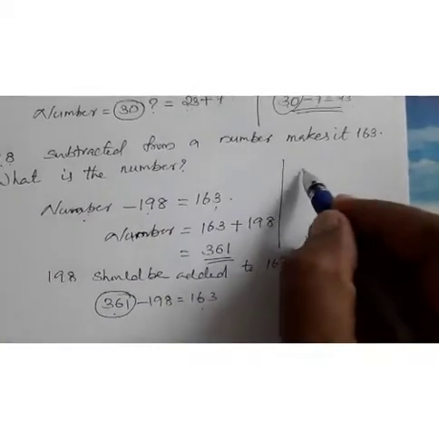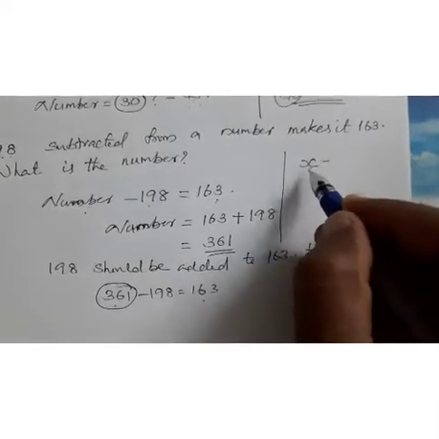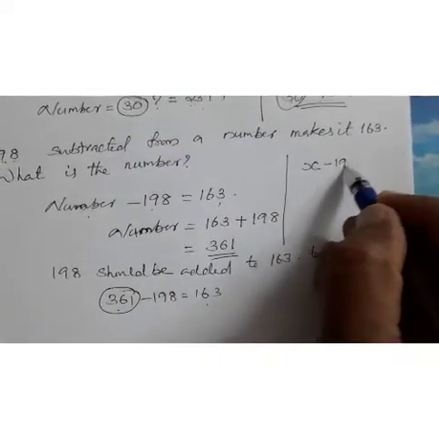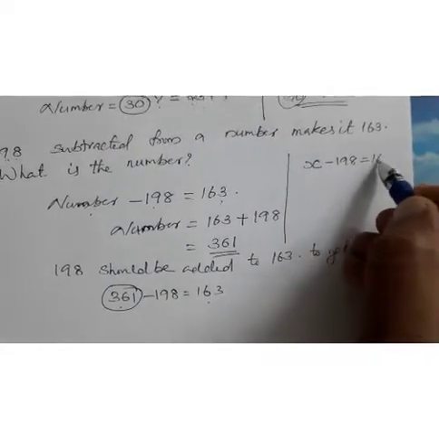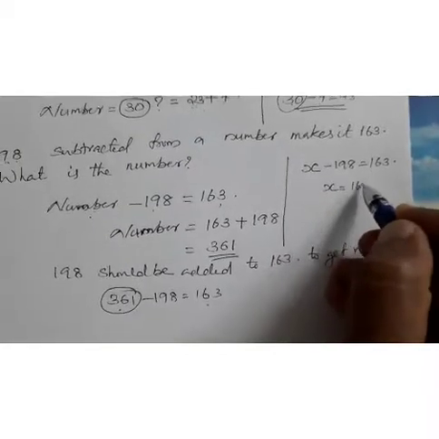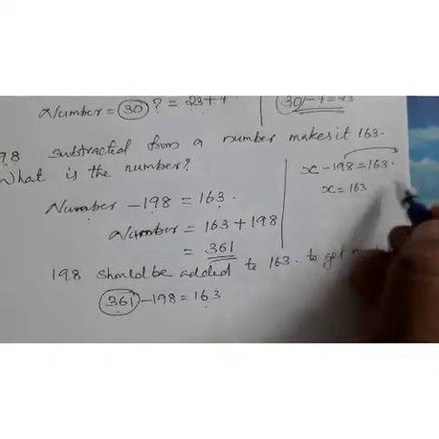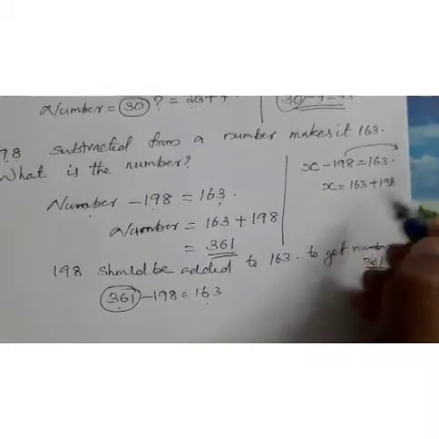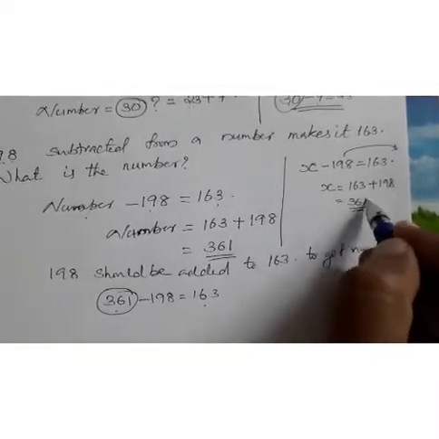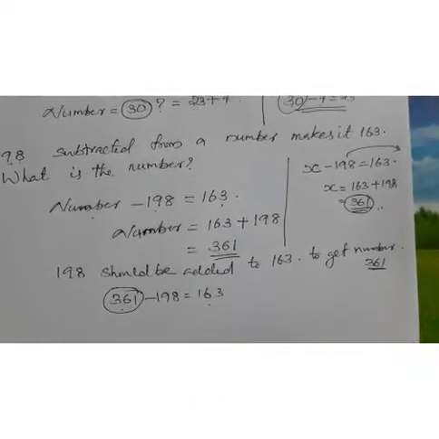If you do the algebraic method, x minus, we don't know the number, from a particular number 198 is subtracted, you will get 163. So what is x? 163. This 198 will come to this side, so plus 198, you will get 361. The value of x is 361.